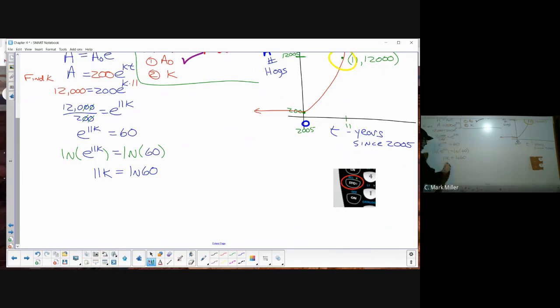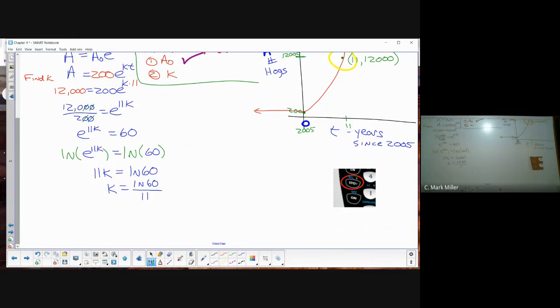So k is natural log 60 divided by 11. That's just an oddball number, but it's a number. What is natural log 60? It's the power you have to raise its base, E, to in order to equal 60. Now, you're not expected to know that. You can leave your answer just like that if it's by hand.